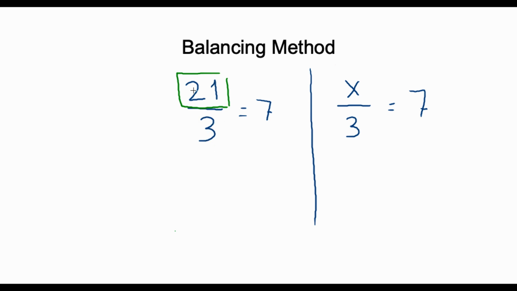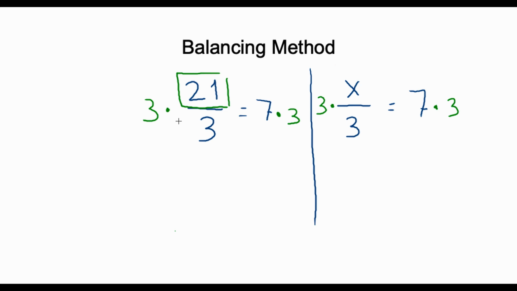The 3 is dividing the 21, so division can be cancelled by multiplication. I'm not going to write times 3 underneath the 3. I'm going to write times 3 on the side here. And whatever you do to one side, you do to the other side, so the equation remains balanced. Now I'm going to do the same thing for the algebraic equation here. I'm going to multiply both sides by 3.